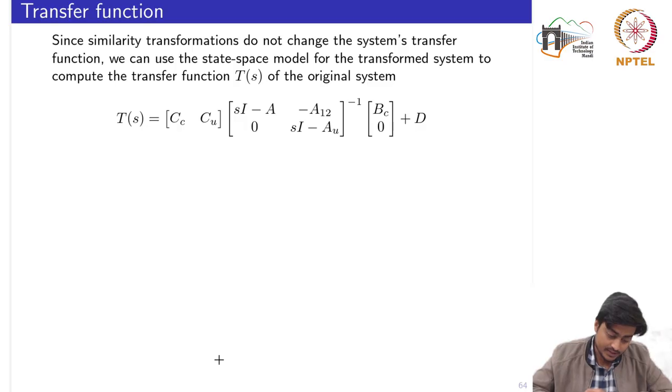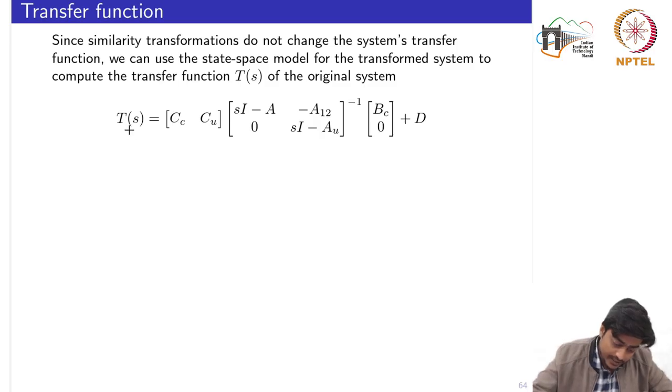Let's see the transfer functions. Since the similarity transformations do not change the system transfer function, as we had seen in the first week when we were discussing the equivalence transformations of the two different pairs, if we compute this T(s), which is C (sI minus A) inverse B plus D, this is the overall transfer function we had computed.